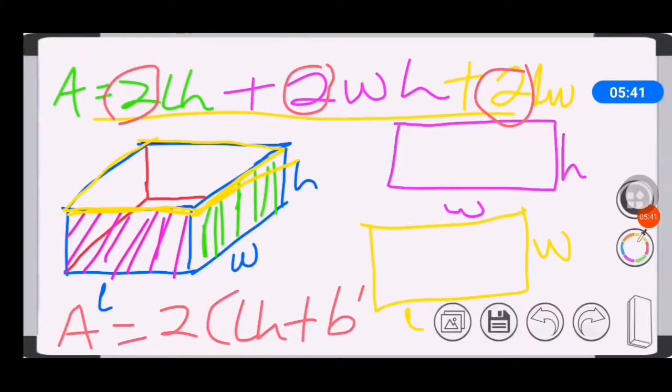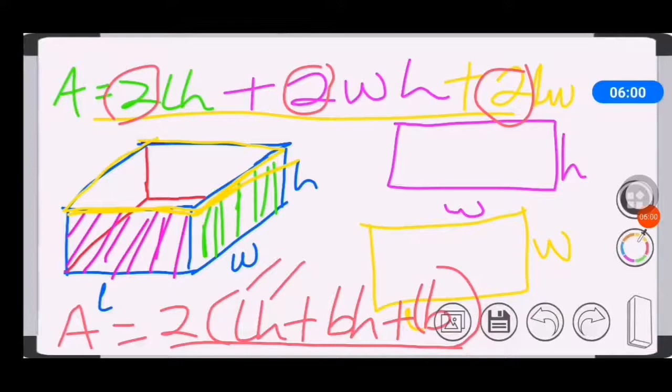Let's use the breadth instead of the width, it is the same thing, it doesn't change anything, plus the last one, which is the LB, the length and the breadth. Then we close the bracket. So we are multiplying 2 by the sides. What we need to know is our length, our height, and our breadth, so that we substitute into the formula. Let us look at our first worked example.